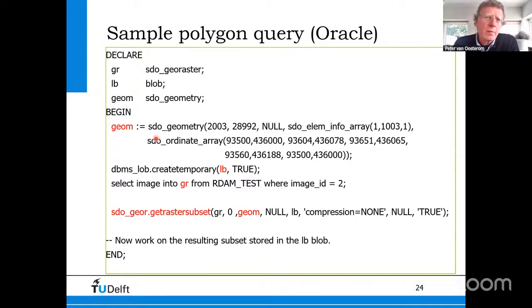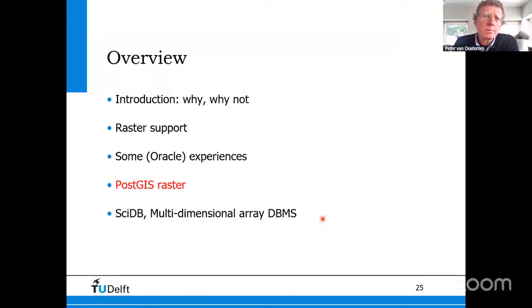So this will become our query geometry. Then we select from our raster table the right tiles. And with the get raster subset function from our tile, we are getting only the relevant pixels and removing the other ones.